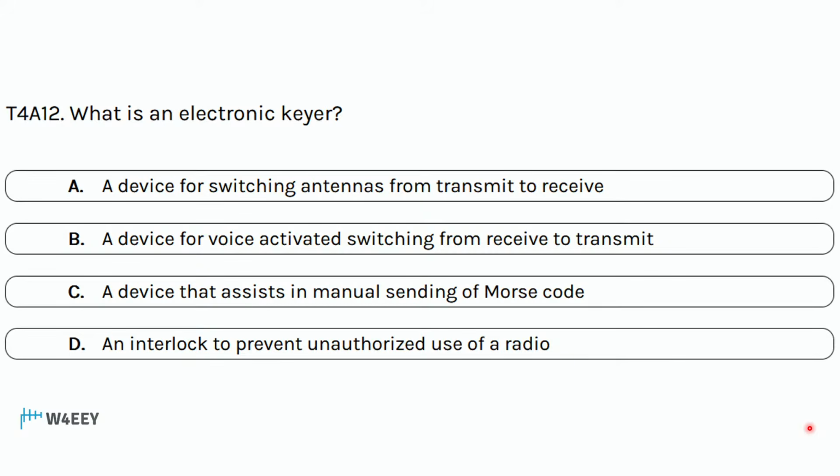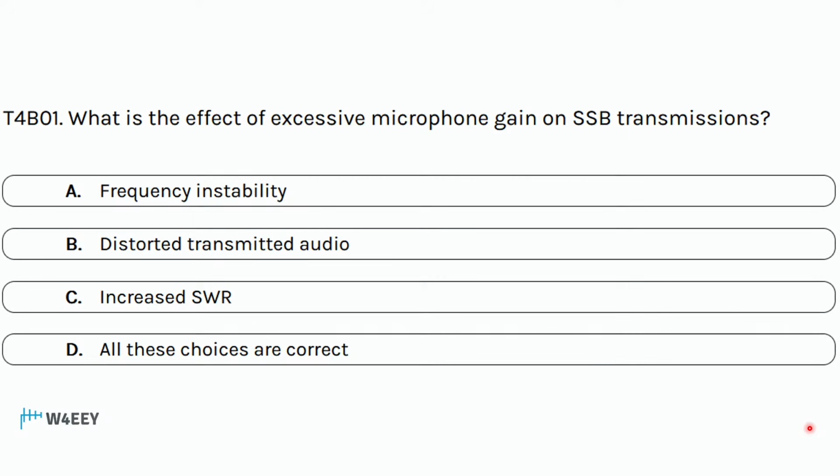And what is an electronic keyer? Charlie. Yes, it's a device that assists in hand sending or manual sending of Morse code. And what is the effect of excessive microphone gain on single sideband transmissions? Bravo.